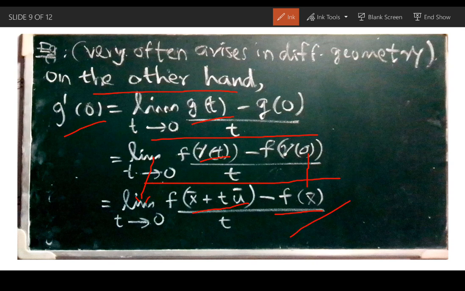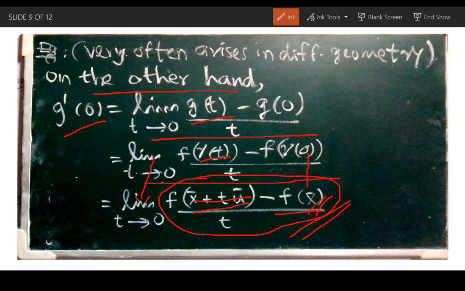Okay. Now what does this represent? This represents some rate of change because this is a derivative. At which point? At the point x. Now look at the increment at the point x. So the increment point is x plus tu. So it is a point in the direction of u.